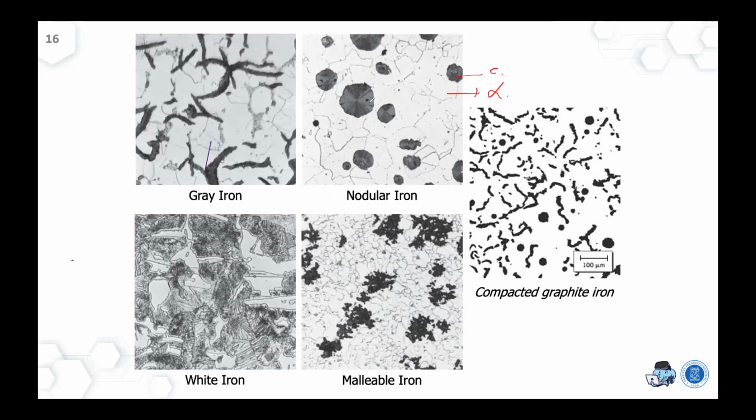To predict the properties, you can also look at the boundary area, luas batas fasa, the interfacial area between the graphite and the alpha. If this interfacial area is large, then it becomes stronger. If the interfacial area is like this, it becomes ductile. So the nodular iron is actually quite ductile, and this one is quite strong. This one is also quite strong.